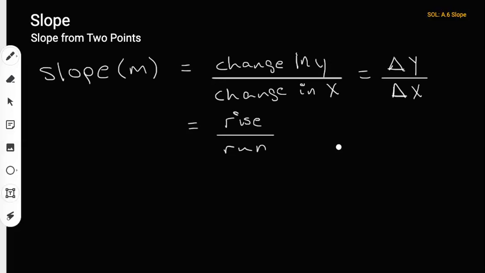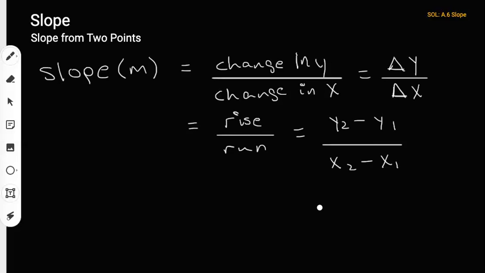And then we can write it as the formula y2 minus y1, since that's going to be the change in the y values. And we're going to divide that by x2 minus x1, which is going to be the change in the x values.